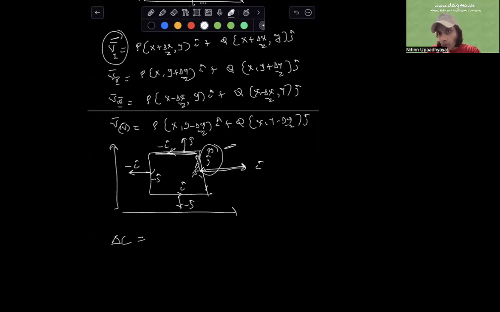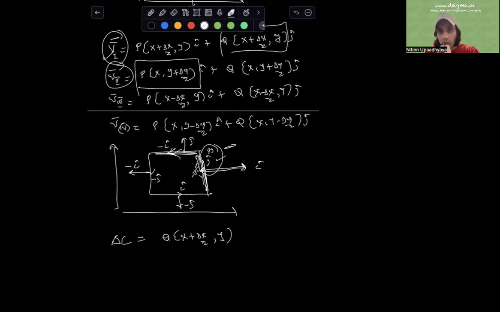So the first component of delta C, the first component of the flow, so to say, along the tangent to segment 1 would be v1 dotted with j. And so that will pick out the component Q(x plus del x by 2, y). Likewise, you move on to segment 2, and then you take the dot product of the velocity vector at the midpoint there, which is v2, with the tangent along this direction, which happens to be minus I. So that will pick out minus of this component.